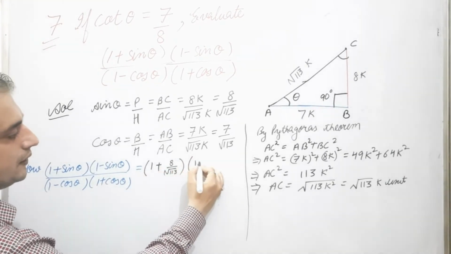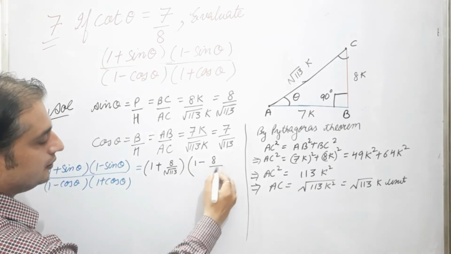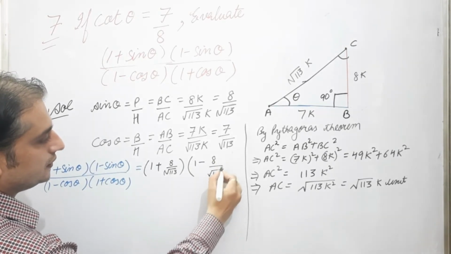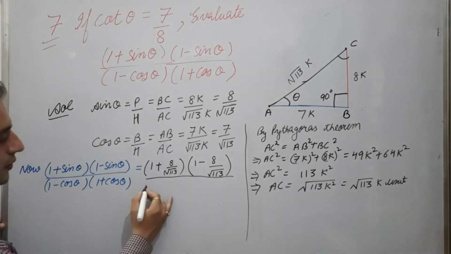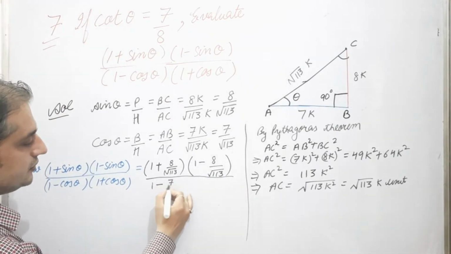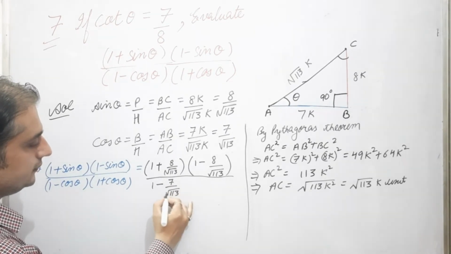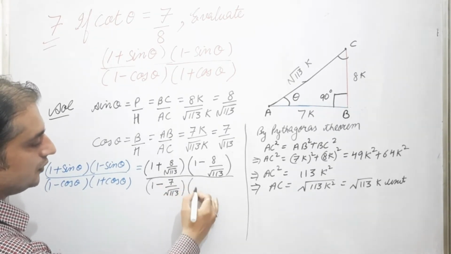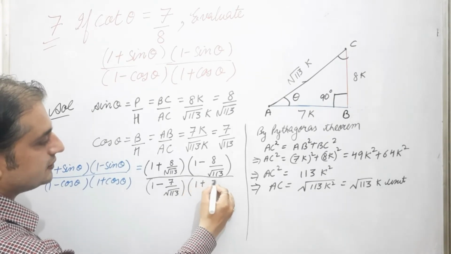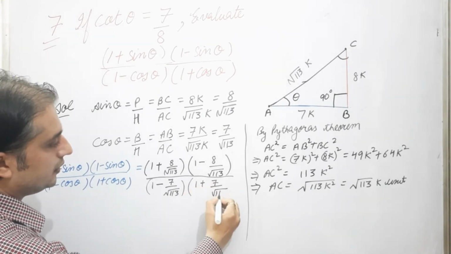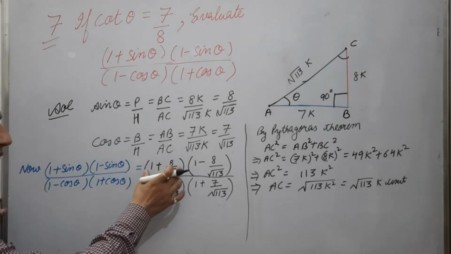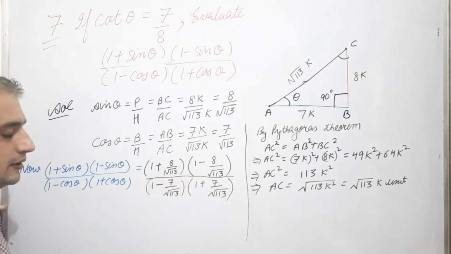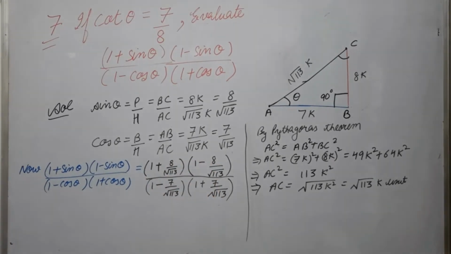Second value, 1 minus 8 by root 113. So the numerator; write the denominator 1 minus 7 by root 113, or 1 plus 7 by root 113. Right, just multiply terms in the numerator and in the denominators, right?